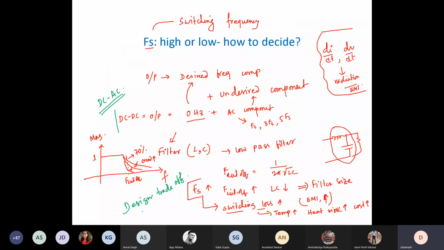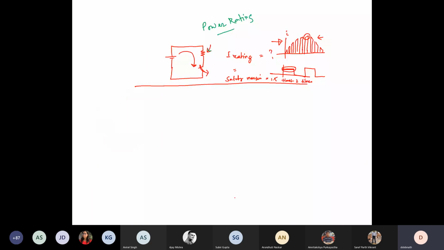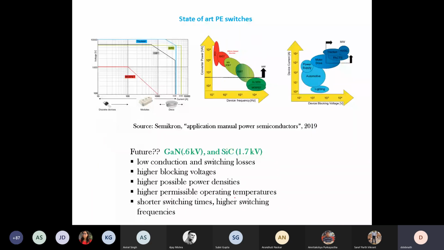Now, if the power rating of the converter is low or medium, not very high, then the overall loss will also be low. But if your power rating of the converter is very high, then your switching loss will also be very high. So in that case, for a high power converter, you cannot have high switching frequency. Okay. So for example, you look at this particular graph.